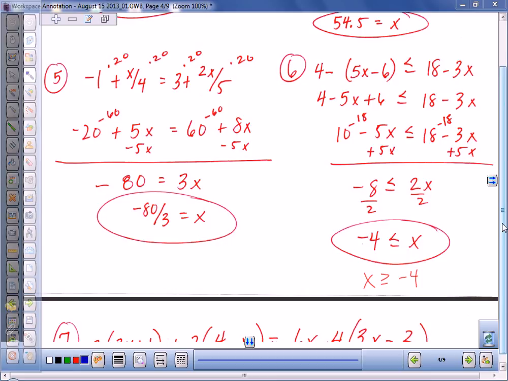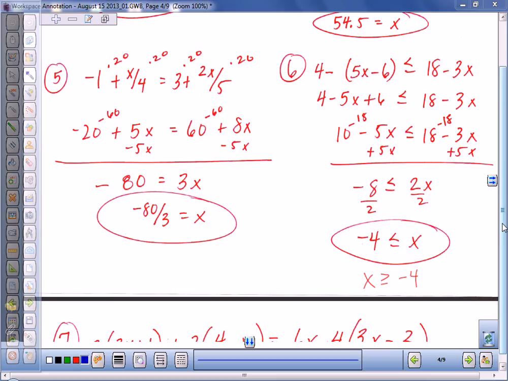So we leave everything as an exact answer until the very, very end. At the very end, if it's a word problem, then you might want to round, doing what makes sense in the context of the problem. If it's just a pure math problem, leave your answers in exact form, unless I say round your answers to the nearest whatever.